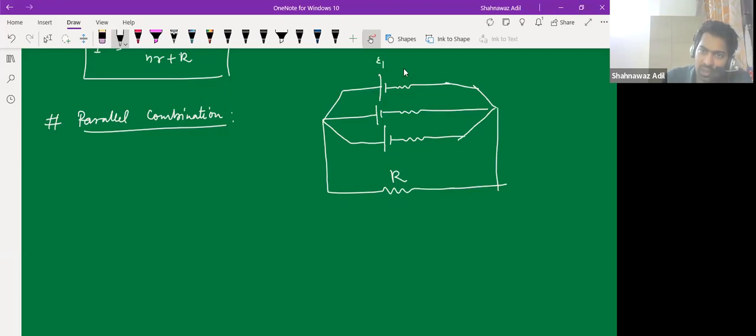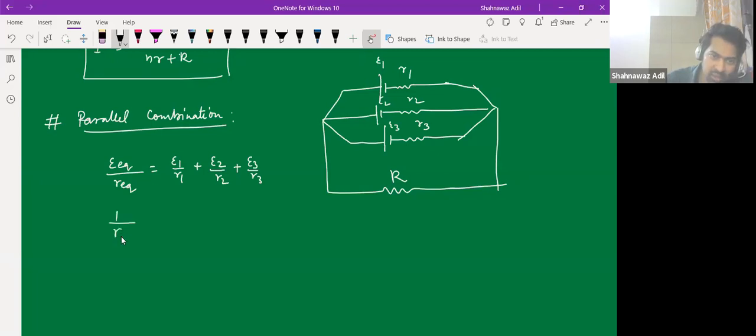This is E1, R1, E2, R2, E3, R3. For the case of this parallel combination, E equivalent by R equivalent is given by E1 by R1 plus E2 by R2 plus E3 by R3. And 1 by R equivalent is given by 1 by R1 plus 1 by R2 plus 1 by R3. So this is the case of the parallel combination.